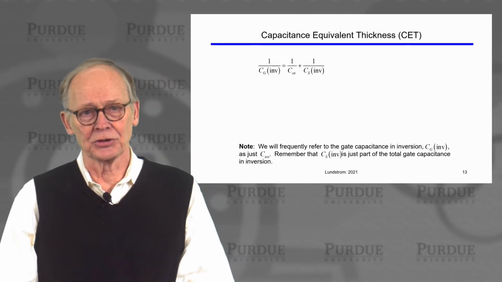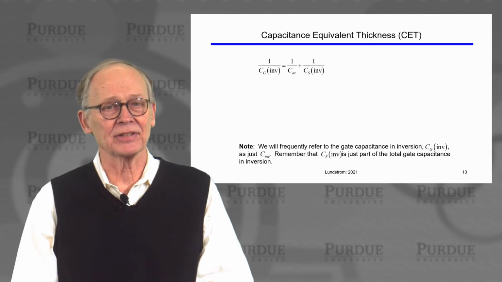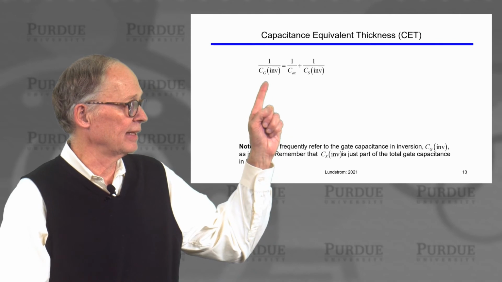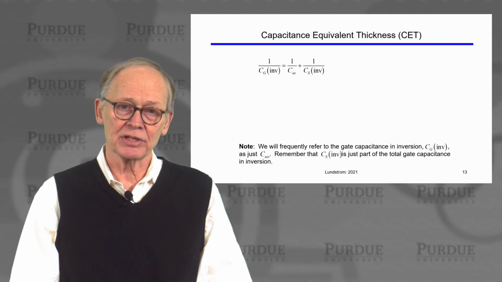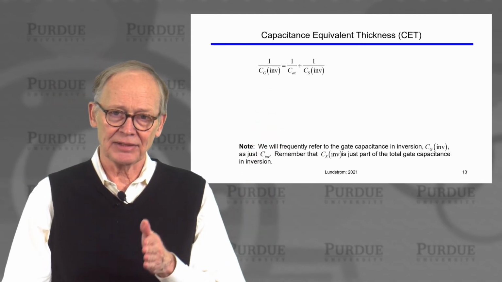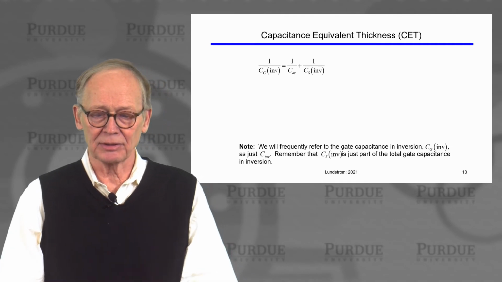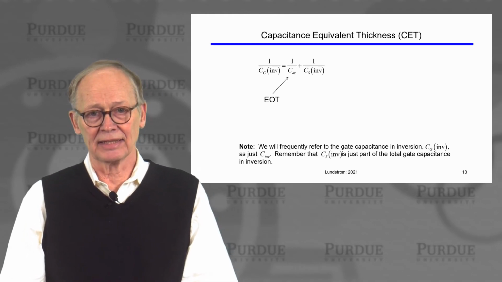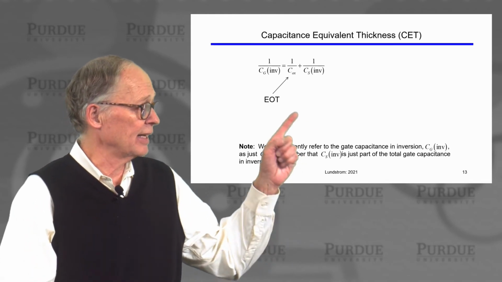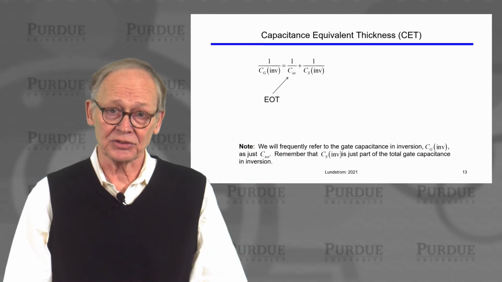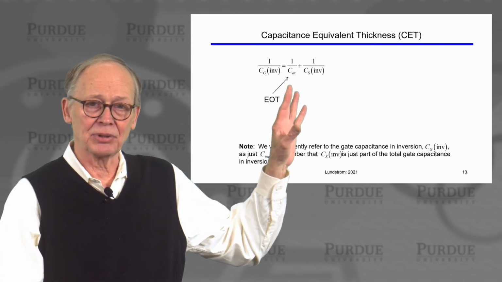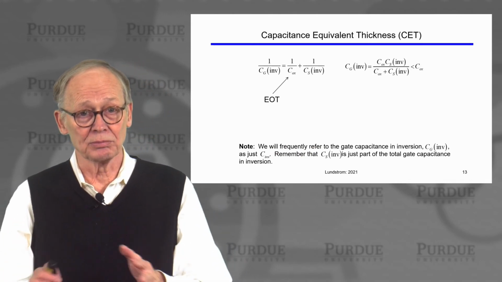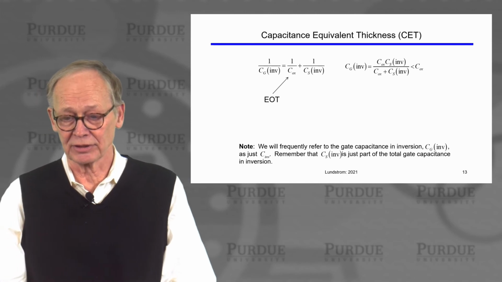There is another term that you will encounter. It's called capacitance equivalent thickness. So remember we said that the capacitance measured under inversion conditions is the series capacitance of the oxide and the semiconductor capacitance, and it ends up being a little bit less than the oxide capacitance. The equivalent oxide thickness, which we've just discussed, is about the oxide part of this. The capacitance equivalent thickness is about the total measured capacitance under strong inversion conditions.